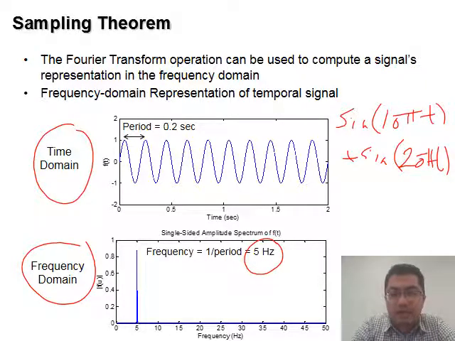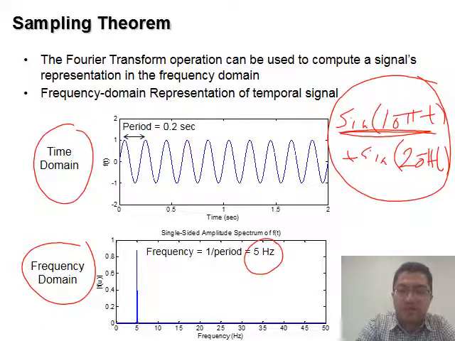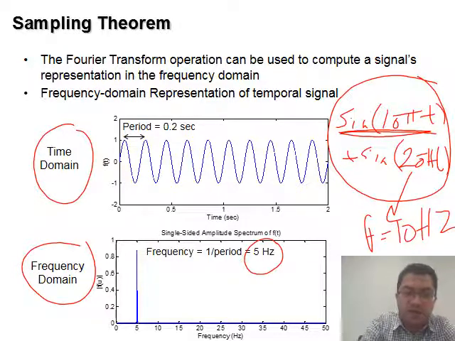Okay. How would the frequency domain of these two sine waves summed up together look like? You will have a peak at 5 Hertz because of this sine wave, and then because now you have a signal that has a frequency equal to 10 Hertz, at 10 you will have another peak.